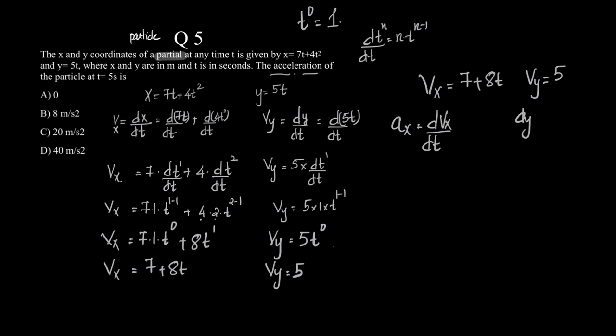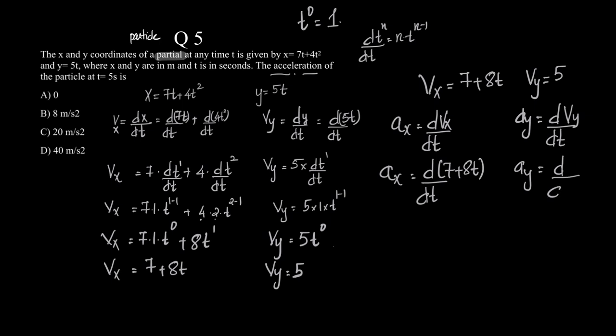And Ay is equal to d by dt of Vy. In which case Ax is equal to d by dt of 7 plus 8t, and Ay is equal to d by dt of 5.